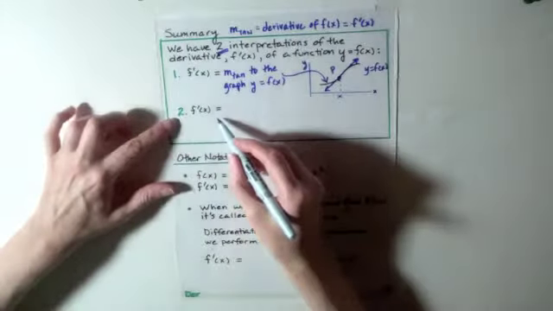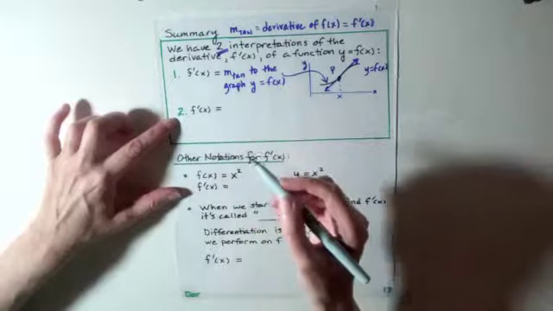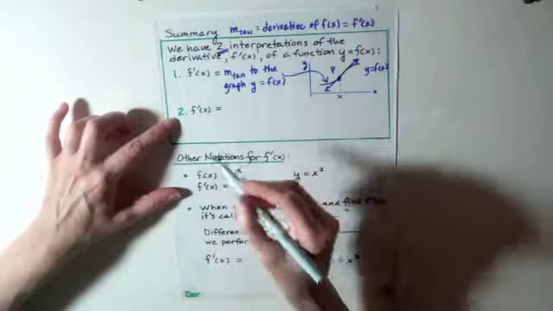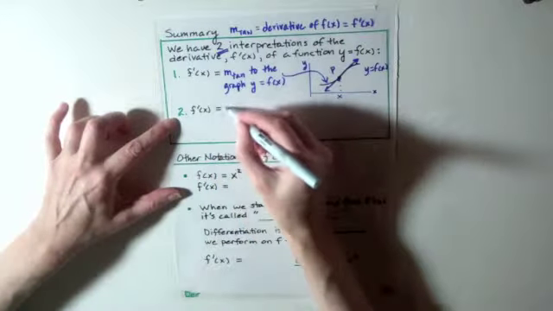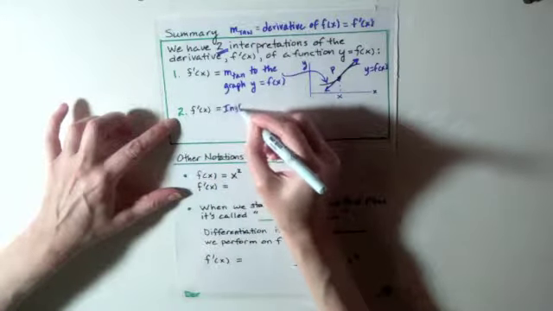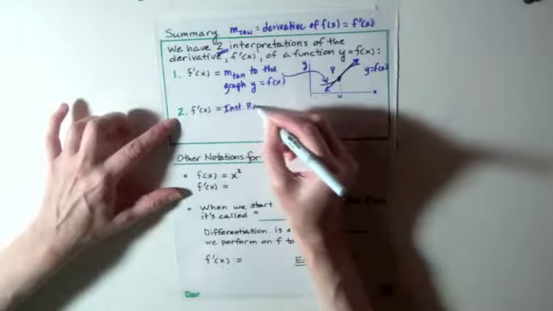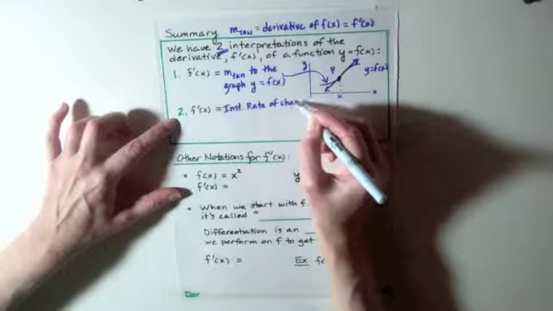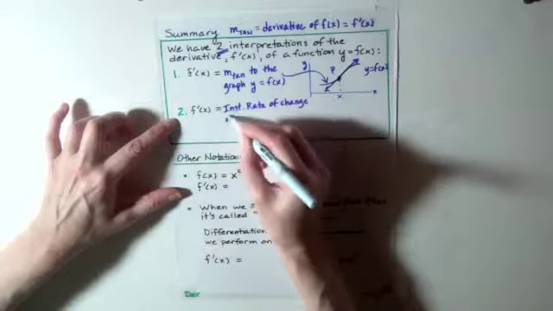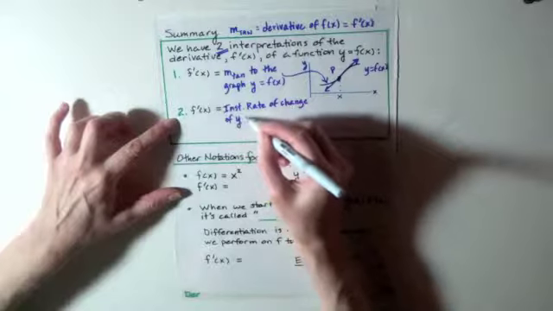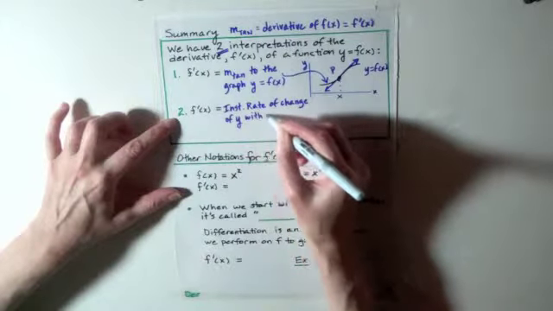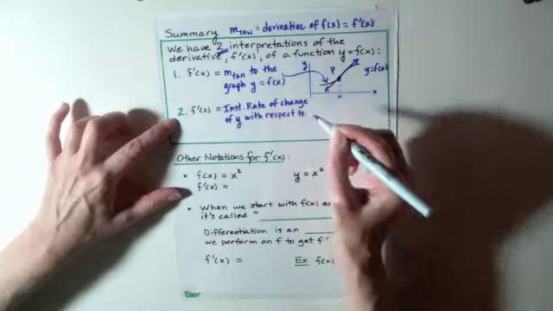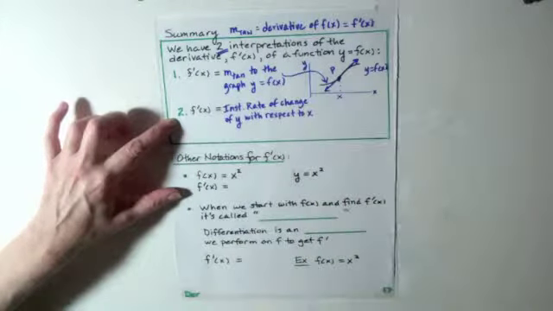We had a second interpretation for the derivative that isn't geometric. Our second interpretation had to do with a rate of change, and we said that f prime of x is the instantaneous rate of change of our output variable, which is y in general, with respect to our input variable, which in general we call x.